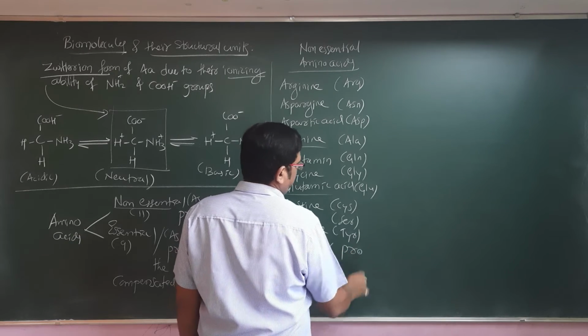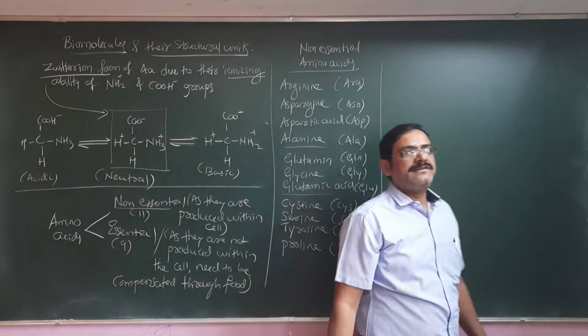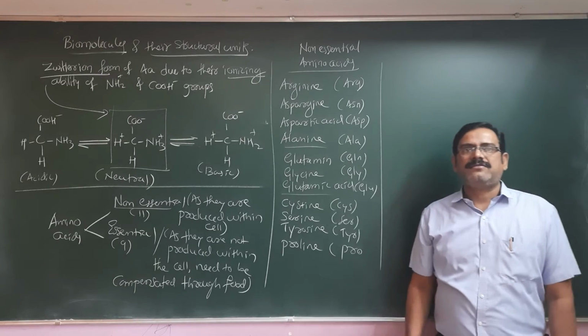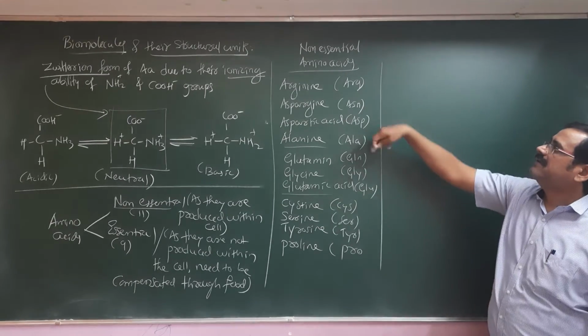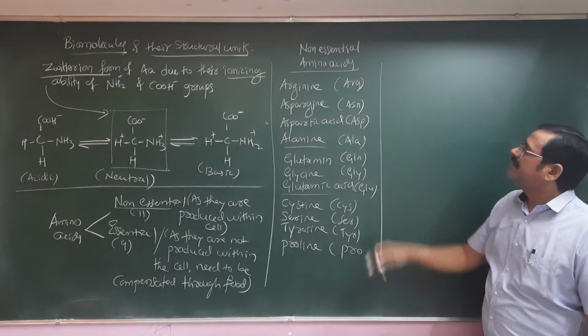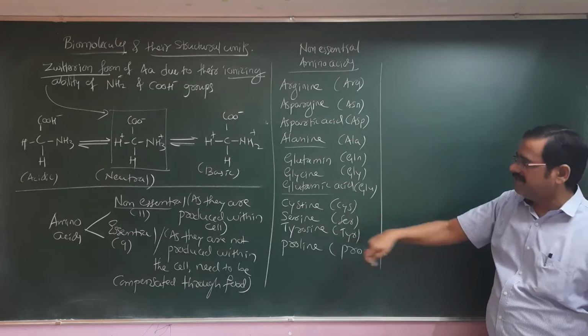So these are the abbreviations used to name these amino acids. These are all the non-essential amino acids. Yes, they are 11 by number: 1, 2, 3, 4, 5, 6, 7, 8, 9, 10, 11.